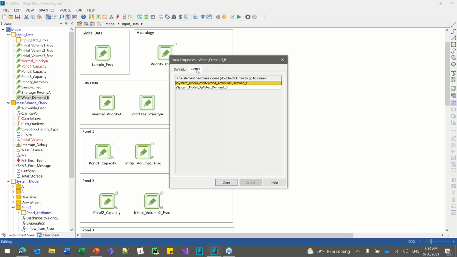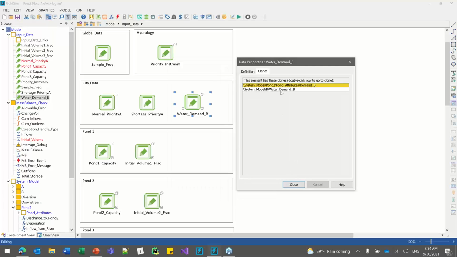I'm just trying to see if I have any that are, here's one that's being used in 2 places. This is the water demand for one of the users. It's being used both at the demand point, probably just for reference, but where it actually matters is over at pond 2, because that's where we're making the request to get that water.